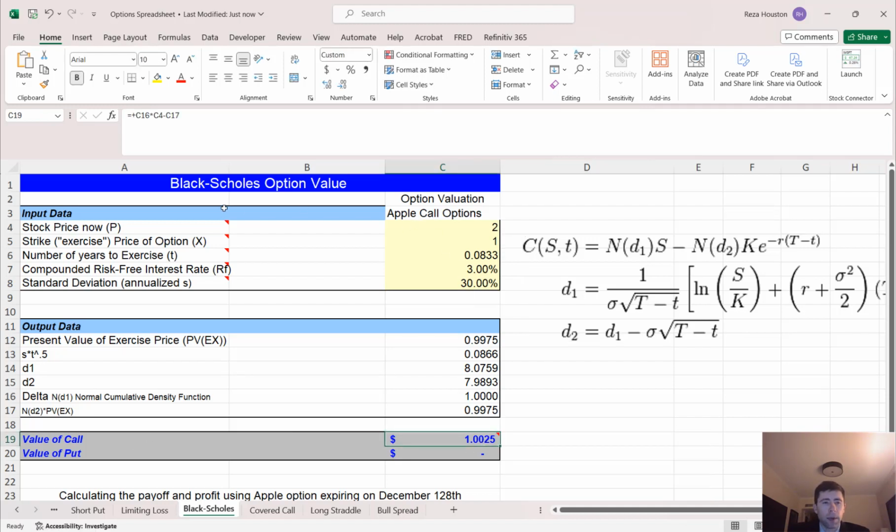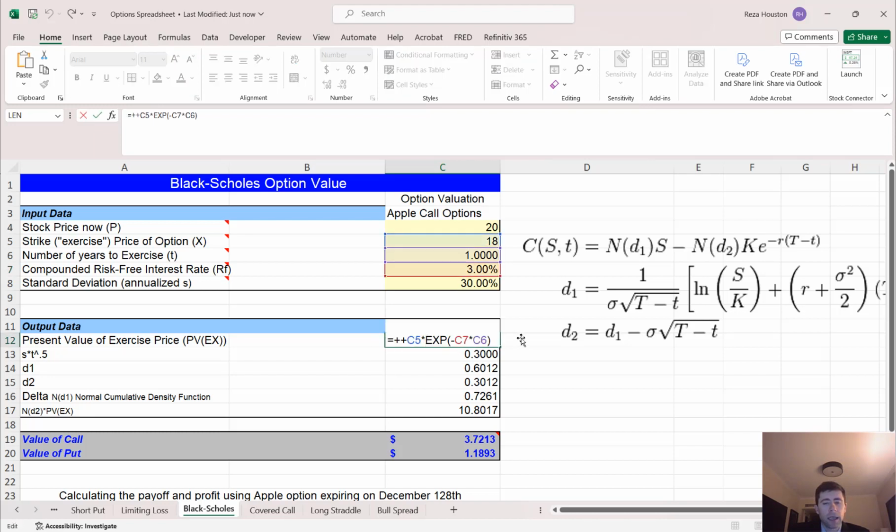So, let's say we have the stock price right now. Let's say it's, I don't know, $20. We know the strike price is, we'll say $18, and number of years to exercise is 1, and our risk-free rate is 3%. Standard deviation of about 30% is fine.